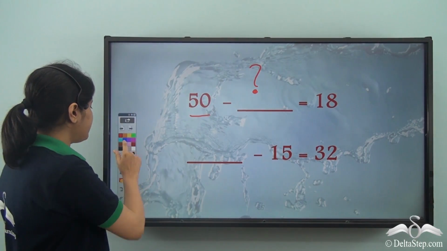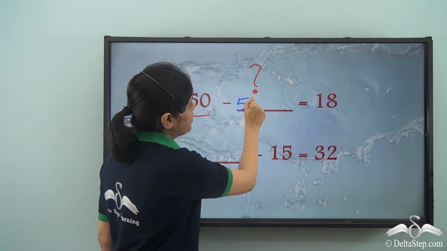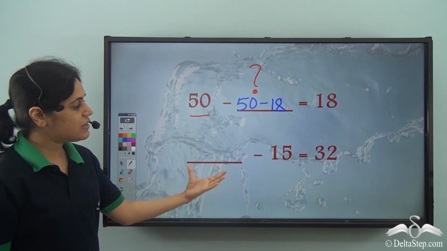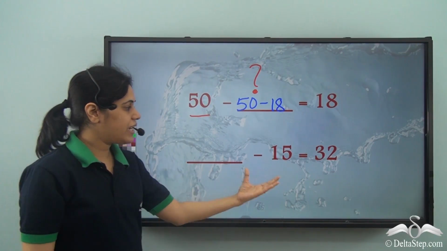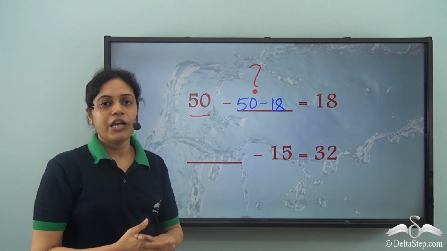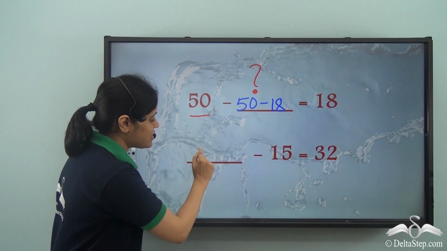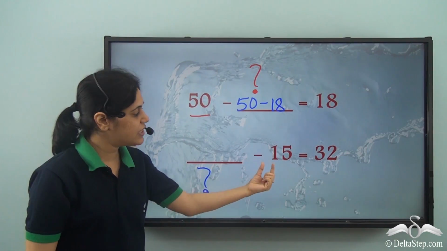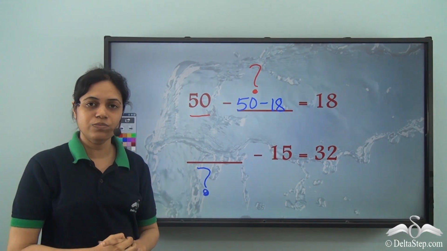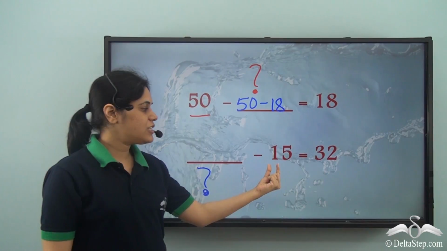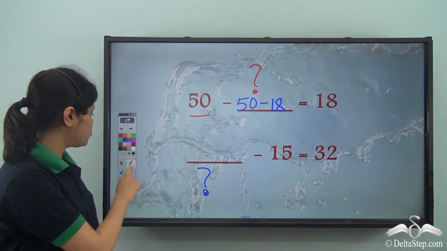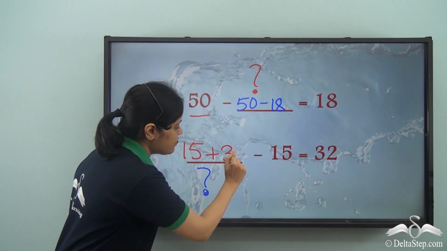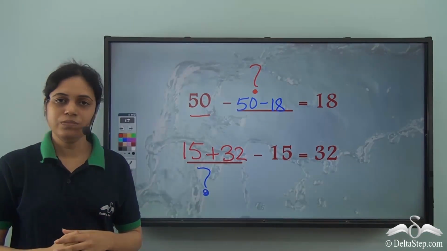So this number will be 50 minus 18. Whereas in this case, something minus 15 is 32. Now I know that when we subtract, this number is the biggest number. It is bigger than 15 and it is bigger than 32. So I need to add 15 and 32 to find this number. So this number is 15 plus 32.